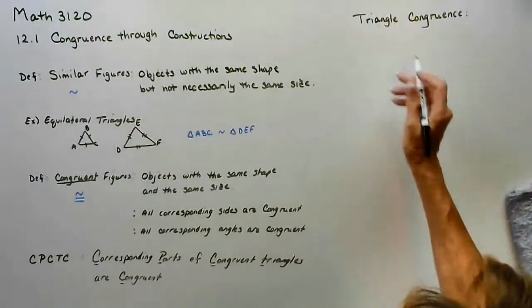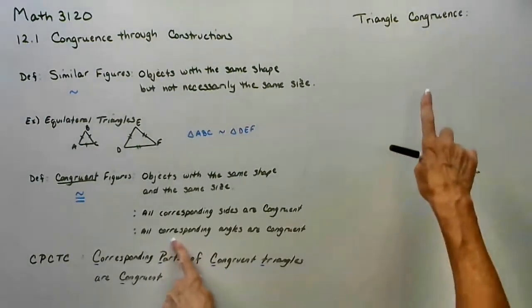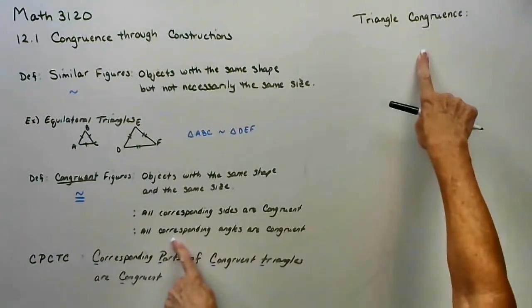So today we're specifying triangles. We could have a polygon, but for right now, triangles. So two triangles are congruent if all their corresponding parts are congruent. So we just put that over here, congruent figures. So all their corresponding parts are congruent.